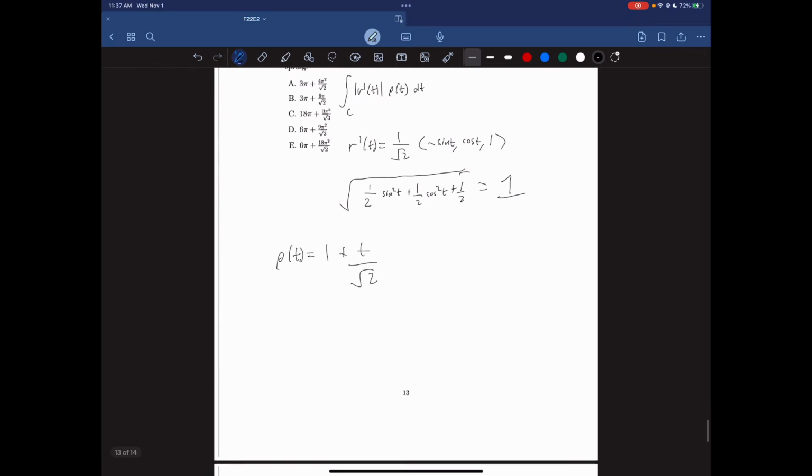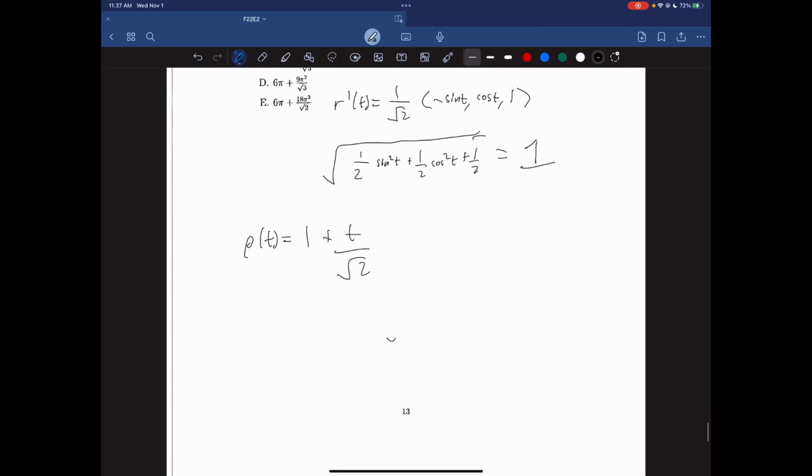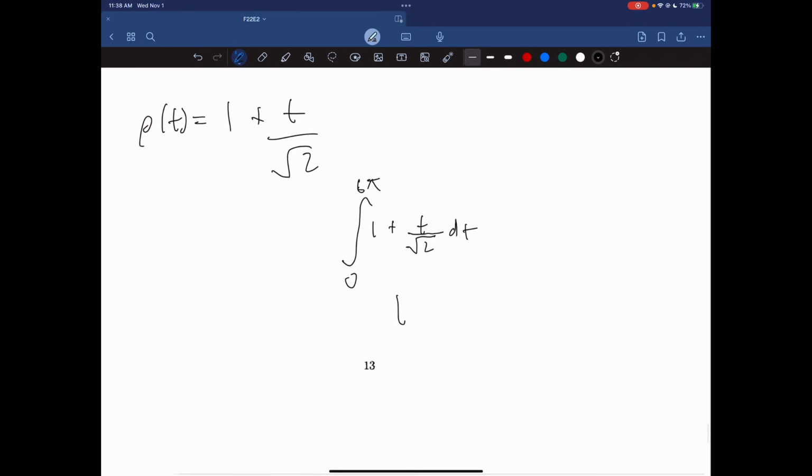And now we just need to integrate that from 0 to 6 pi. 1 plus t over root 2 dt, and that is just t plus t squared over 2 root 2 from 6 pi to 0.